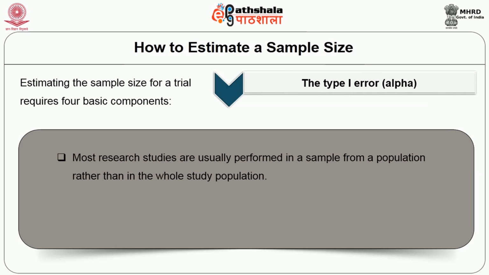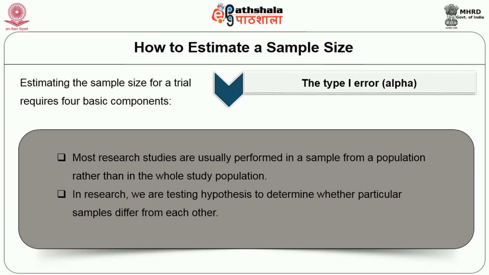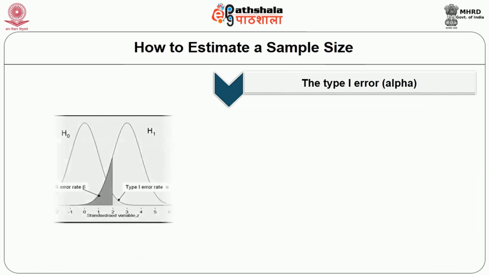Most research studies are usually performed in a sample from a population rather than in the whole study population. In research, we are testing hypotheses to determine whether particular samples differ from each other.